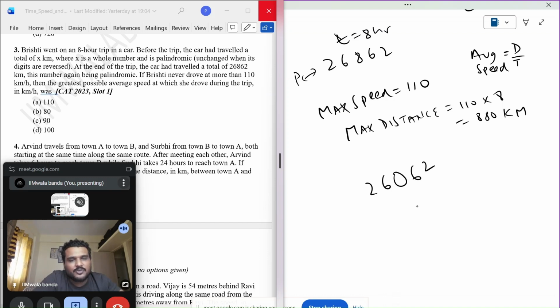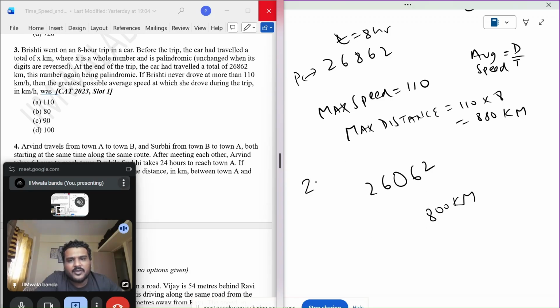This could be one of the starting numbers because it has to be a palindromic number. So this comes out to be 800 kilometers almost. If this was the case, it has covered 800 kilometers.